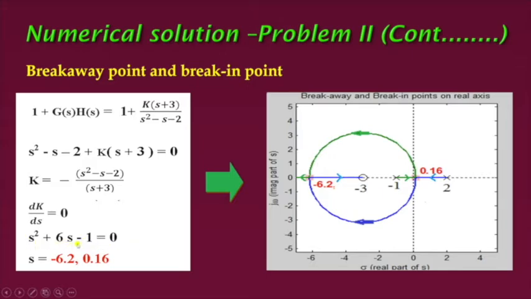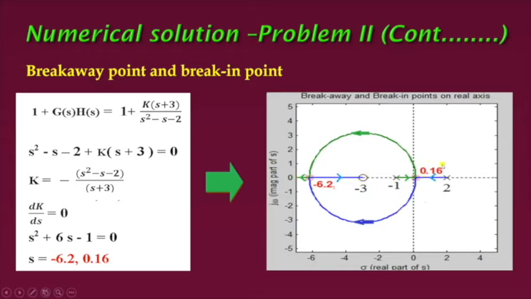Then find the roots of this equation. s equals −6.2, and the other root is 0.16. The point 0.16 lies on the real axis on the root locus branch.